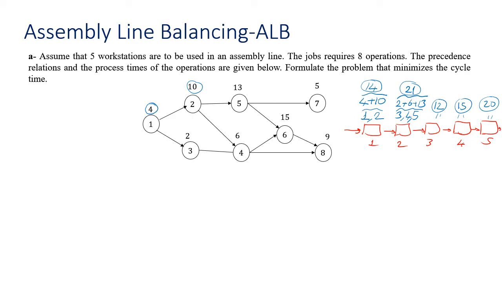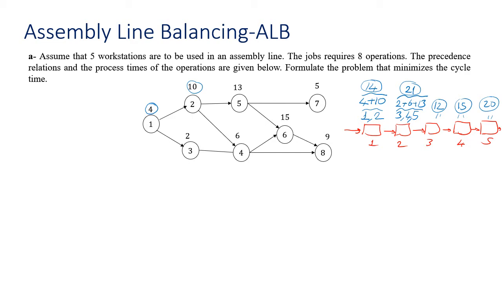Then the production time of this assembly line, or the throughput rate, depends on the slowest station. The station with the largest processing time determines the production rate. Therefore, we try to reduce this total time as much as possible to increase our production rate.